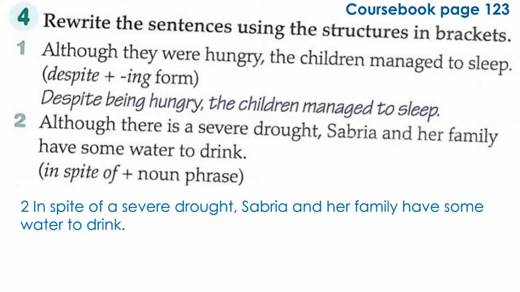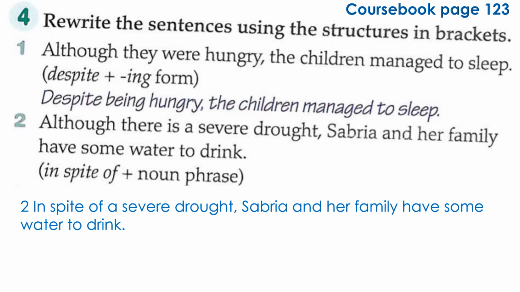Number 1 is given as an example: despite, then being, be. Here we've got although there is, so is the present form of the verb to be. If we want to change it, we take the original part of the verb, which is be, and then we add ing. Despite being hungry, the children managed to sleep.